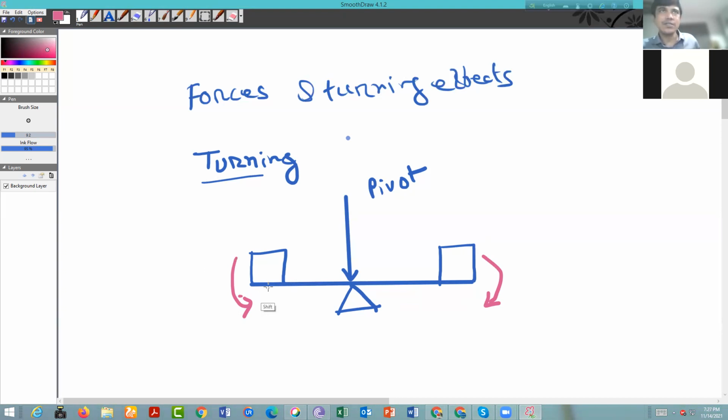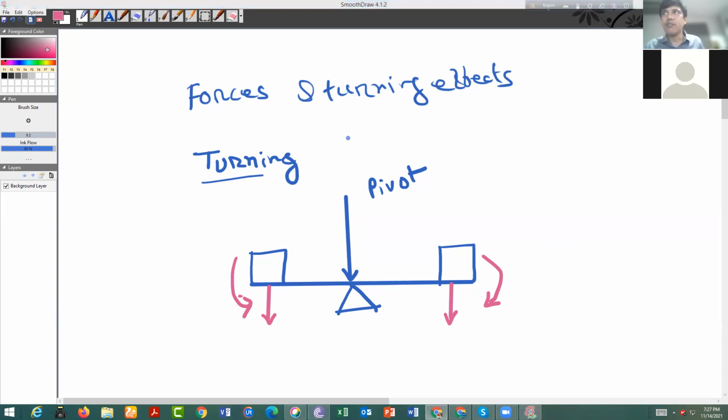So where is the force applying? Here is one force, right? The weight is putting force. Another force is here. So this is the pivot. It's pivoting, with force on both sides. So if we consider this, the turning effect of a force is called a moment of force.